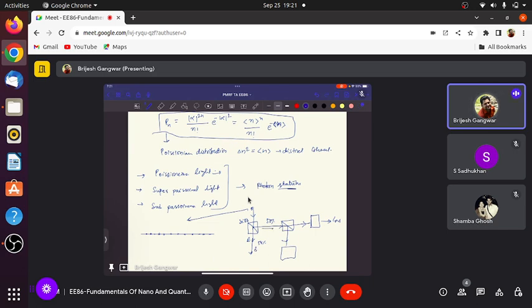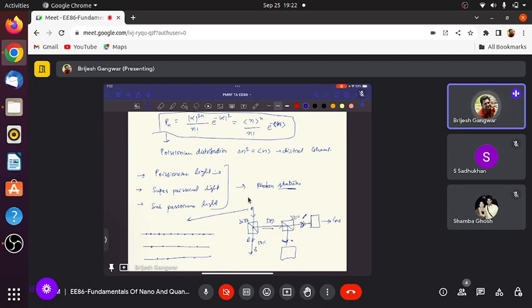If you count on this side, only some photons are countable and the others will go this side. So the number of photons will decrease in this line, and if it is 50%, half will go this side and half will go this side, but we cannot say which photon will go which side, right?